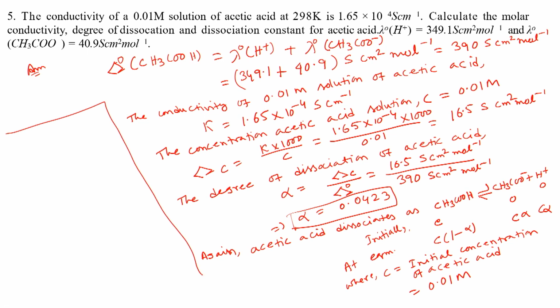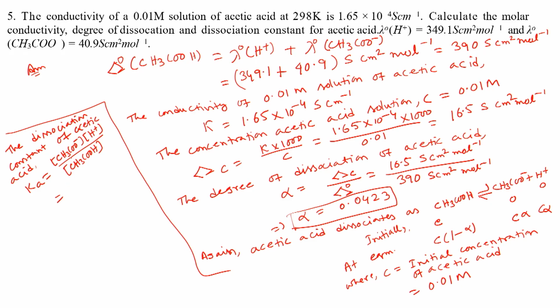So, the dissociation constant of acetic acid, Ka, is the concentration of CH3COO minus times the concentration of H plus by the concentration of acetic acid, CH3COOH.